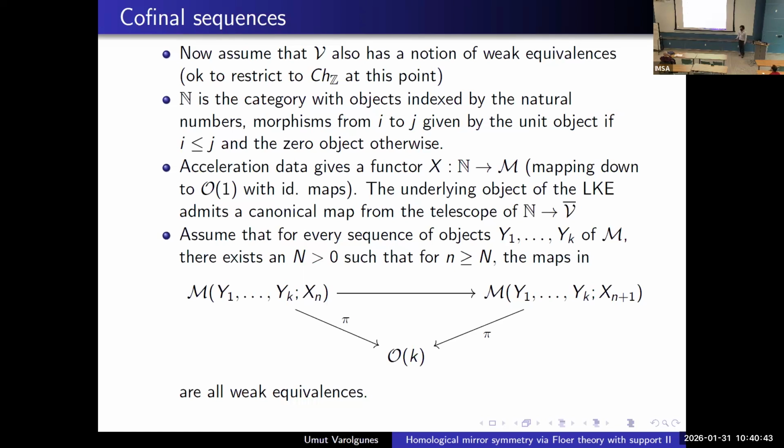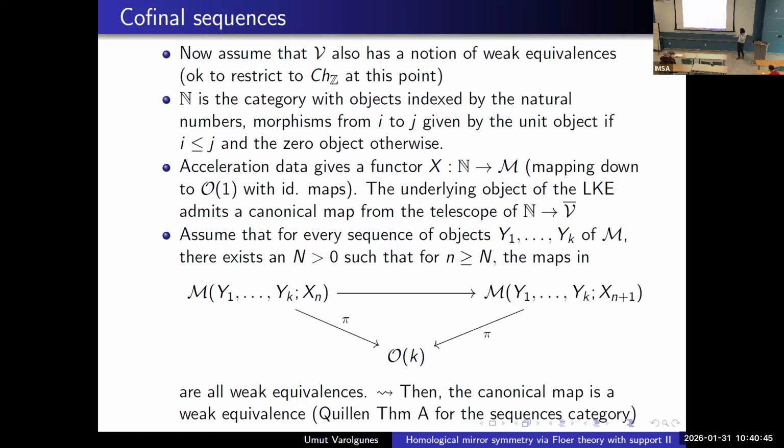Then the canonical map from the telescope to the huge left Kan extension will be a weak equivalence. And this is just a version of Quillen's Theorem A. So this is how you go from huge models to small telescope models that you could potentially compute.